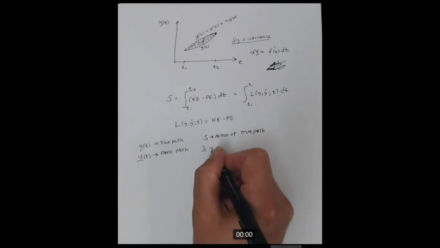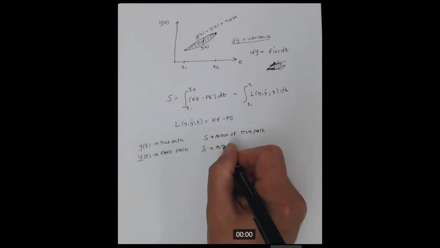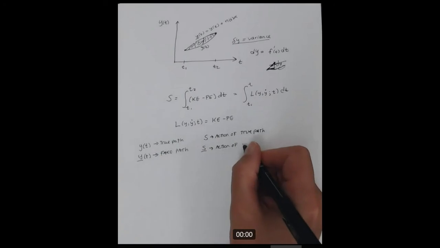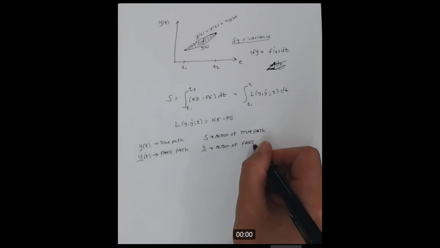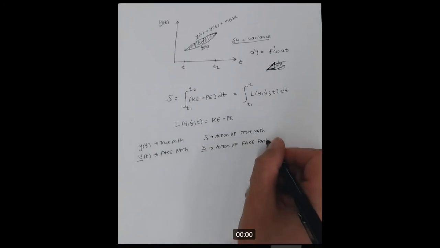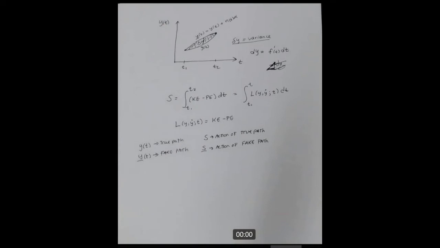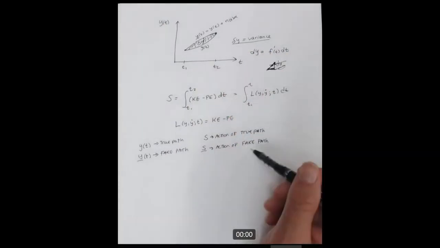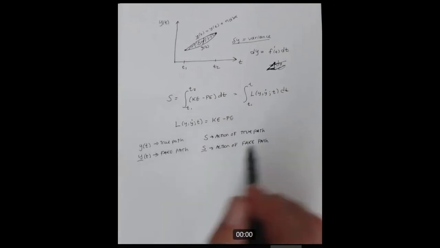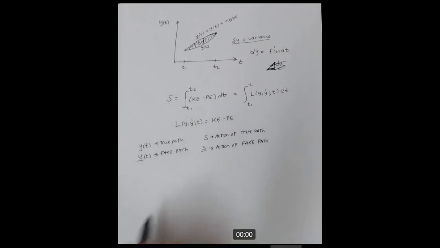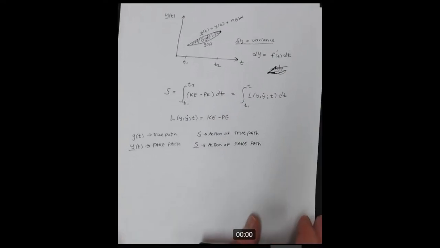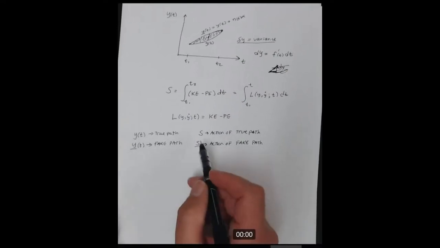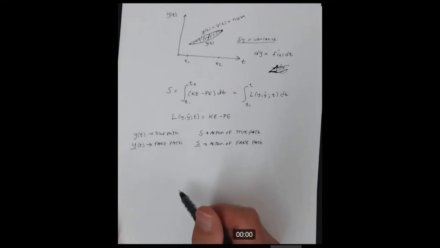And this is the action of, I guess, what I'm calling the fake path. It's not really a good word to use for that. The untrue path, our example path, if you want. But for now, I'll call it the fake path. So, we're trying to find the path that will minimize S, the action.